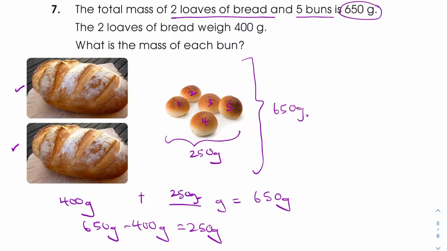But we want the mass of 1 bun. So I take 250, there are 5 buns, divided by 5 will give me 50 grams. So the mass of each, that means 1 bun, is 50 grams.